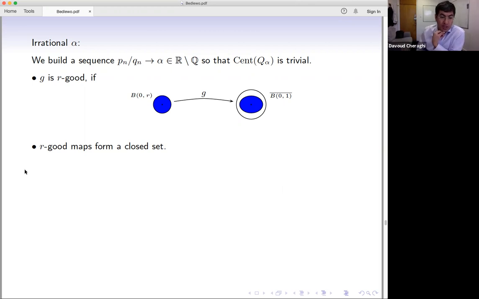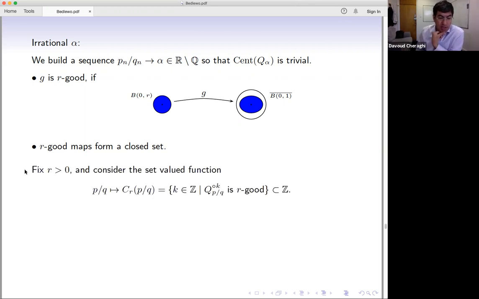The second notion is a set-valued function defined as follows. Now we fix one of these R's. For each rational number p over q, C_R of p over q is the set of all integers k such that the quadratic map with parameter p over q to the k is R-good.